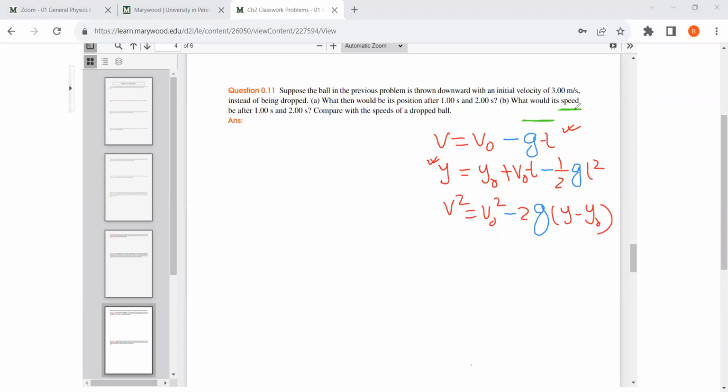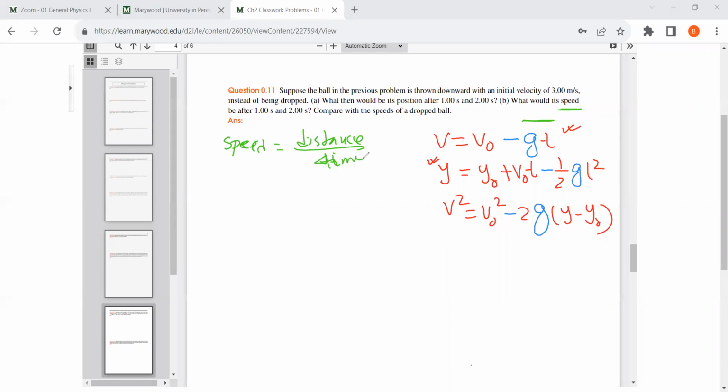Speed is always positive, because the speed is related to distance, and distance is always positive, and the time. So because the speed is positive, we have to be careful.